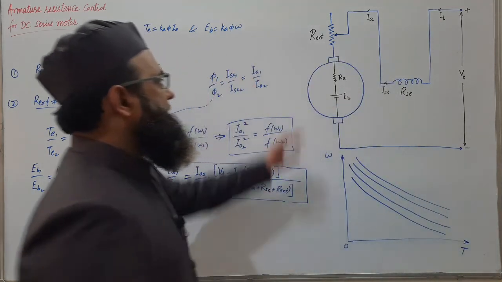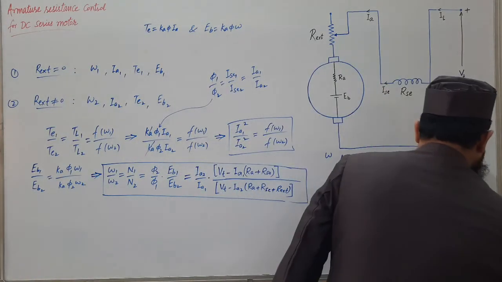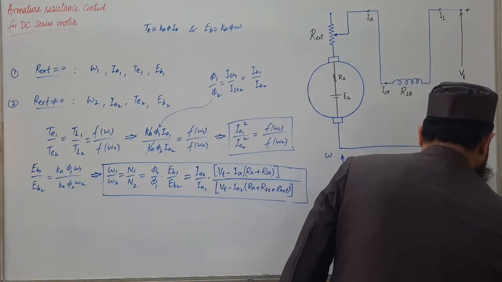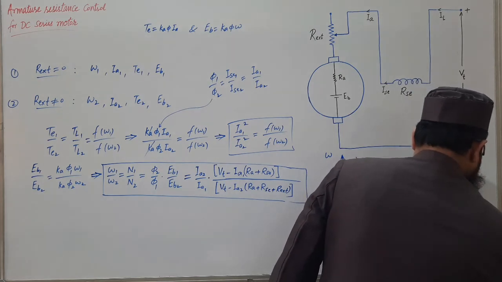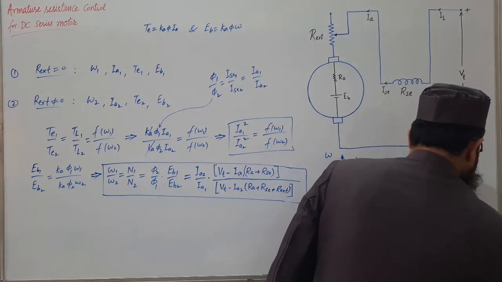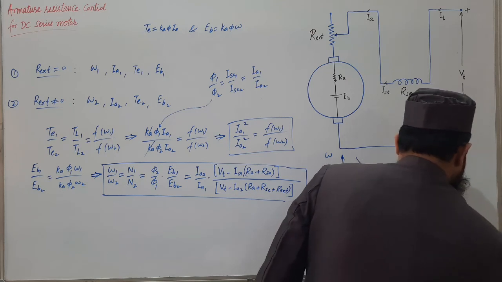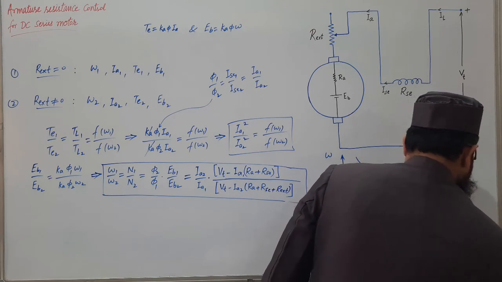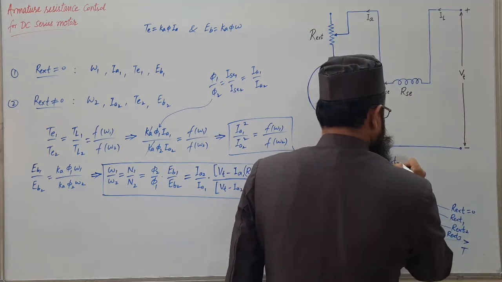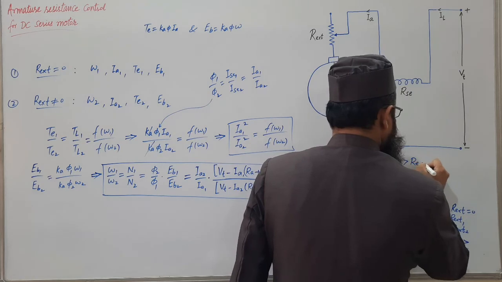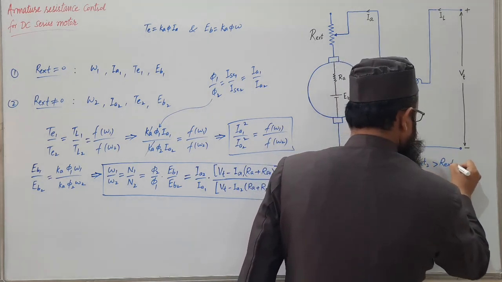So when we are adding REXT, the speed is decreasing. So we may write when REXT is not added, REXT is equal to 0, REXT1, REXT2, REXT3, so that REXT3 is greater than REXT2 greater than REXT1.